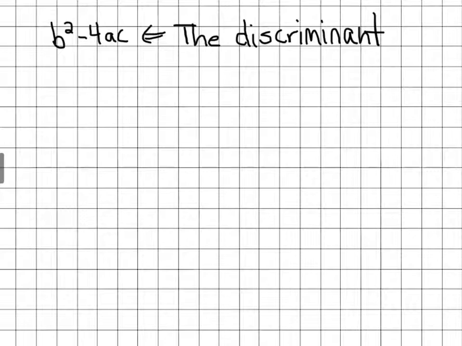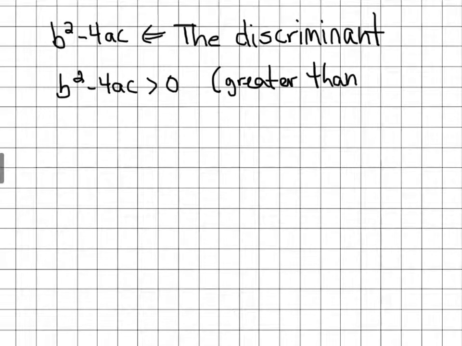So if b squared minus 4ac is greater than 0, then we have two roots, or two x-intercepts.